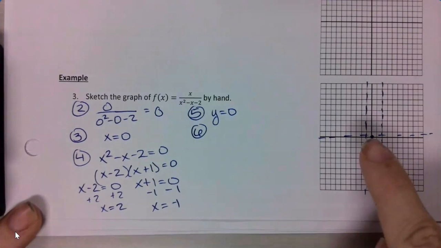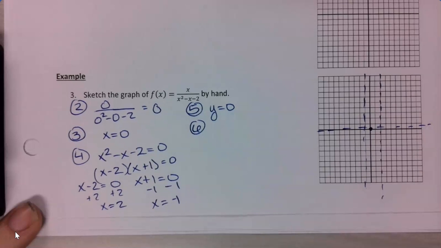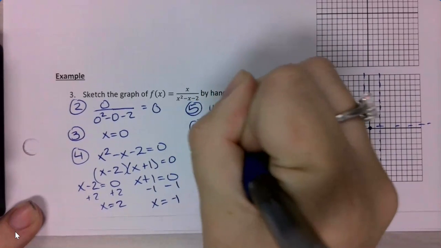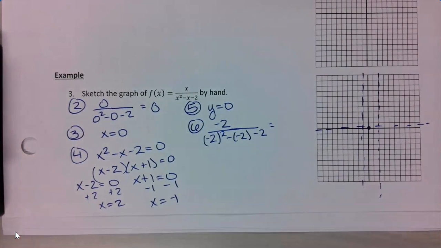I want one on the left side of my left asymptote, so I need it to be smaller than -1. What number would you like me to plug in? -2 is smaller. Okay.